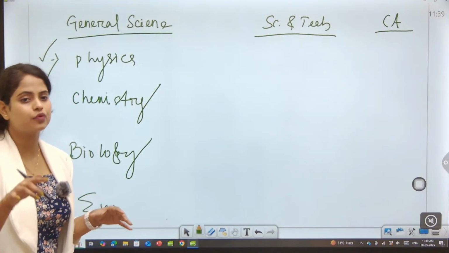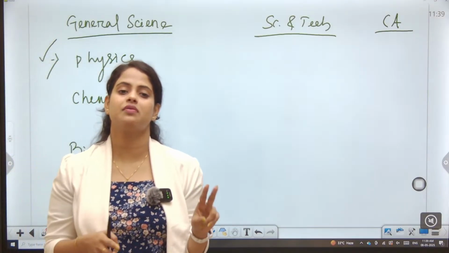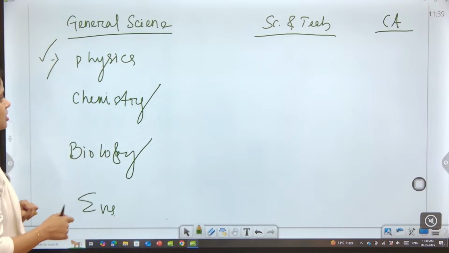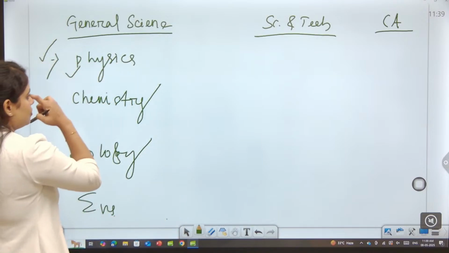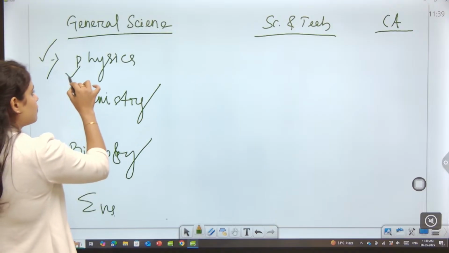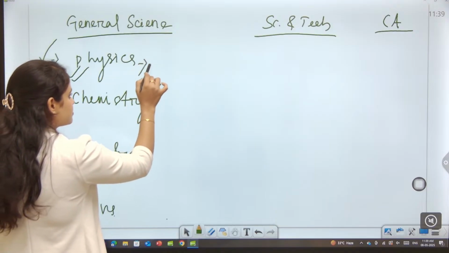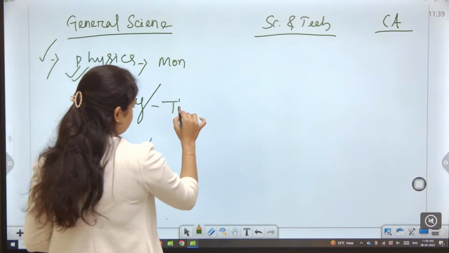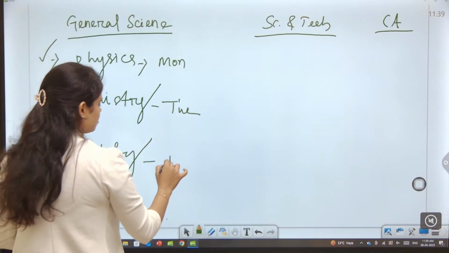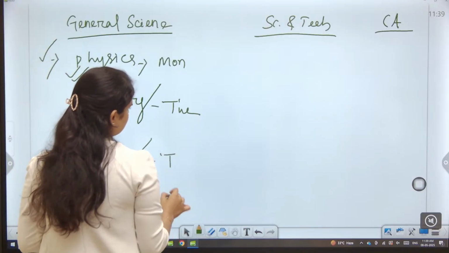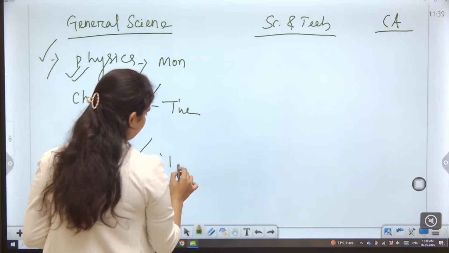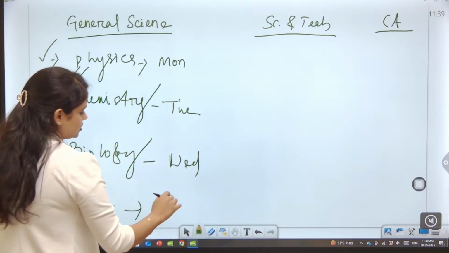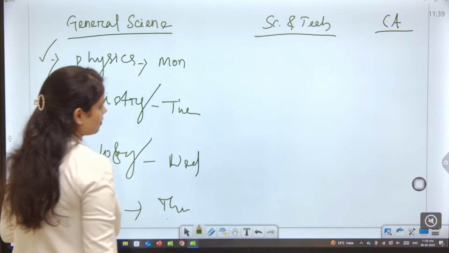Like if you are giving 2 hours to science and tech, then give 30 minutes each. Suppose on Monday you give 30 minutes to physics, then on Tuesday chemistry, on Wednesday biology, and for EVS give Thursday.